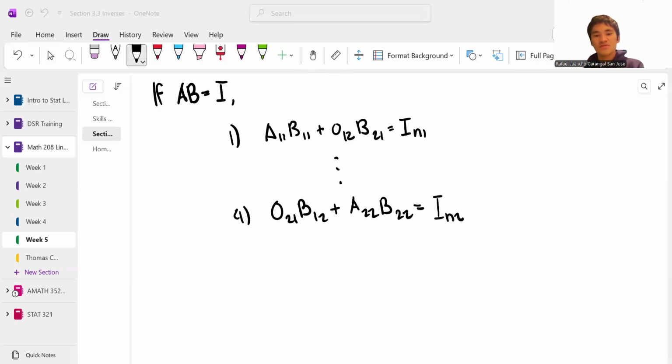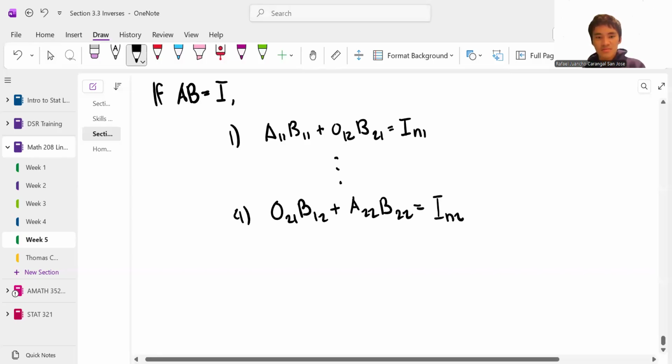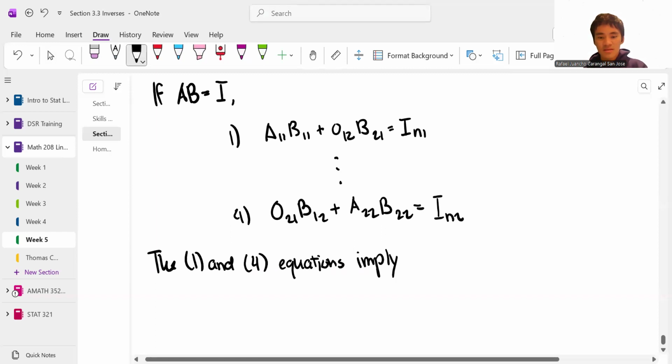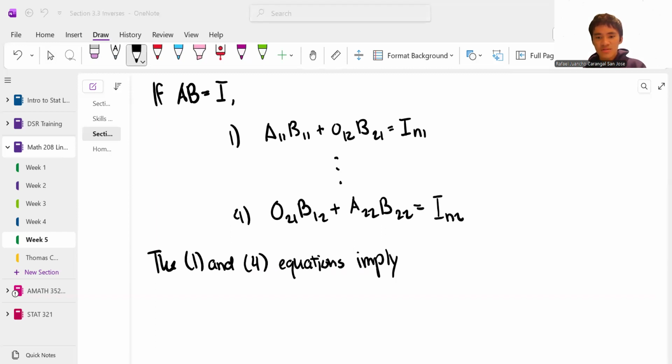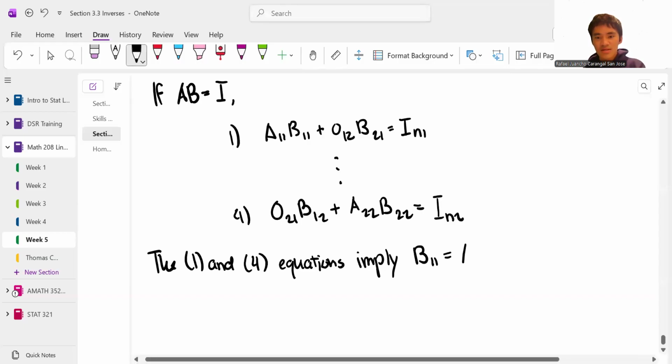If we focus on the first and the fourth equations, I'm just going to write that the first and fourth equations imply that the inverse, or B11, is actually A inverse 1, 1. How do I know?